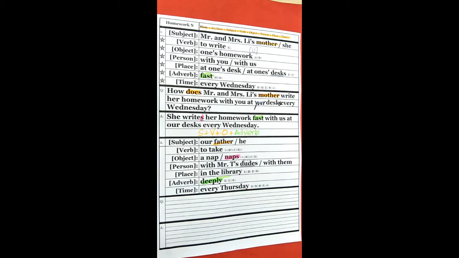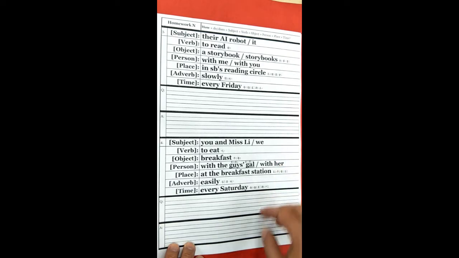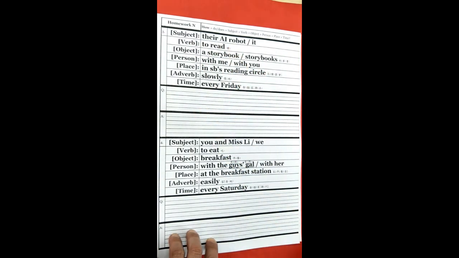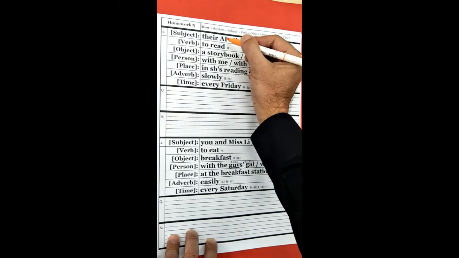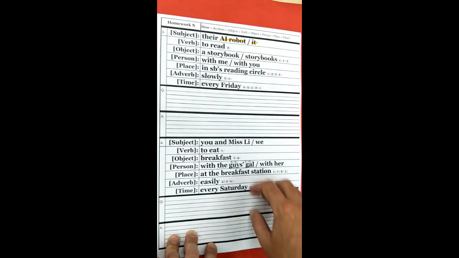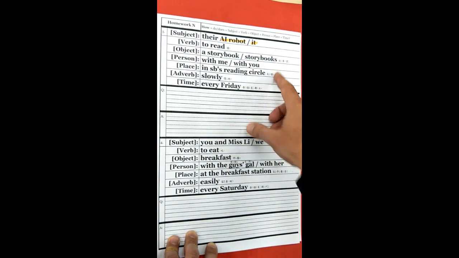All right, let's look at number 3. Okay. Subject, their AI robot. Again, what's important is AI robot because that's one robot, it. Verb, to read. Object, storybooks.